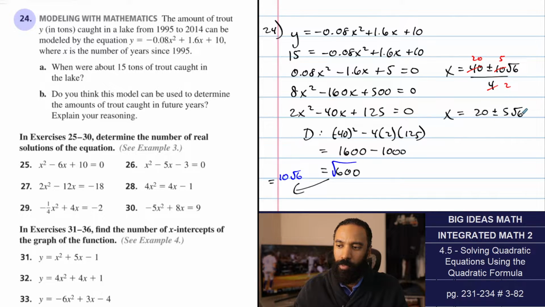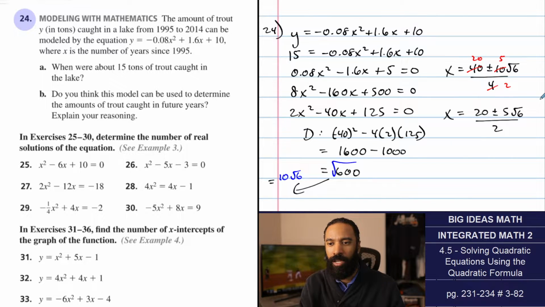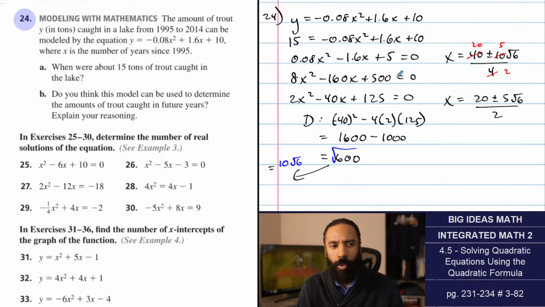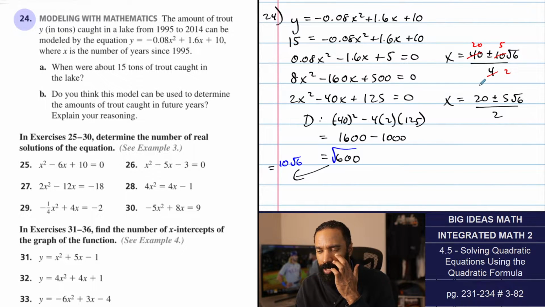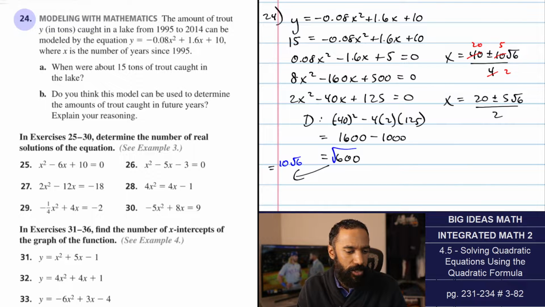Our goal is really to answer the question: when were about 15 tons of trout caught in the lake? I don't know if there's more than one answer here. I don't know if the square root of 600... yeah, that's less than 40. So yes, there are going to be two answers here. Let's do 20 plus 5 root 6 all over 2.